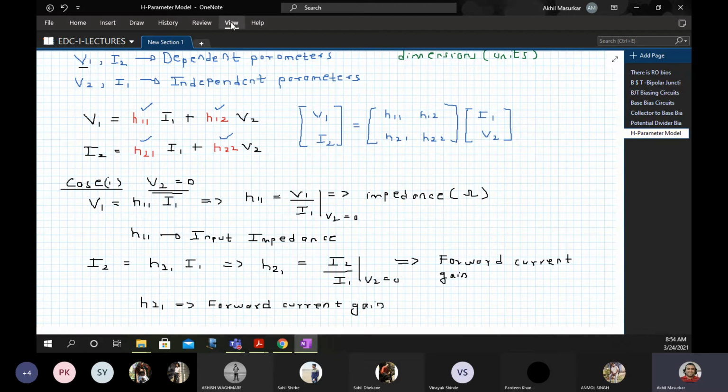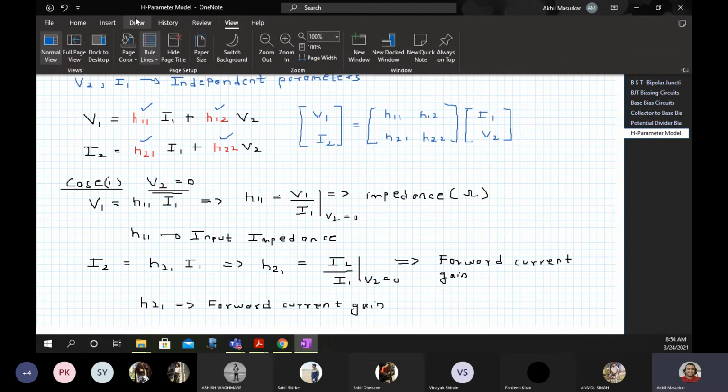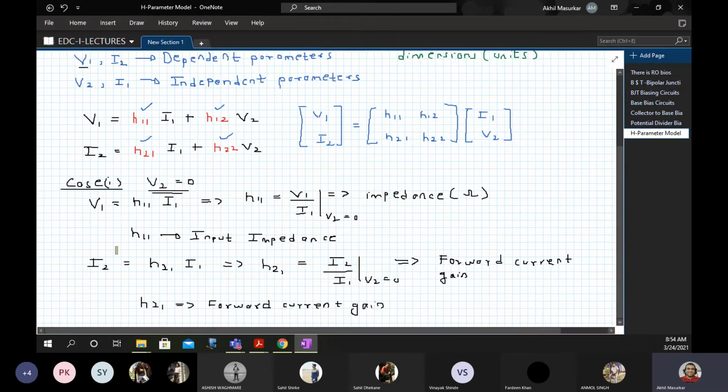So when we made V2 equal to 0, we got two conditions: H11 is input impedance, and H21 is forward current gain.